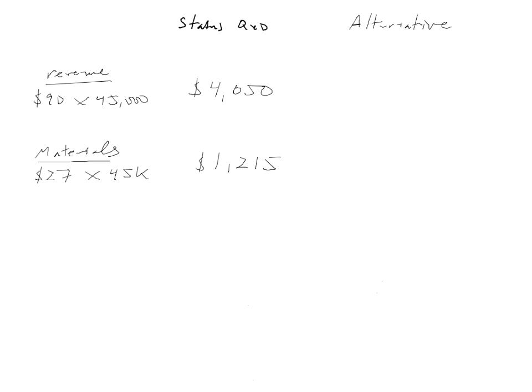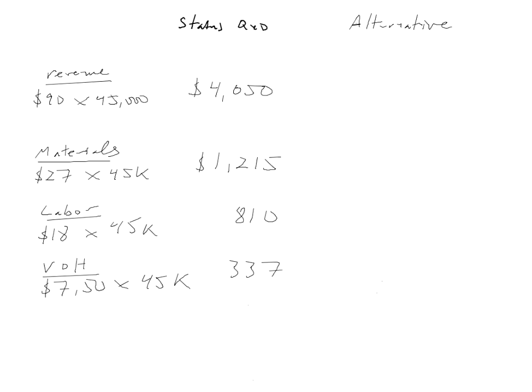So that's materials. Labor is going to be $18 times 45,000, and that's 810. Variable overhead, that's going to be 7.50 times 45,000, and that's going to be 337 and 50 cents.